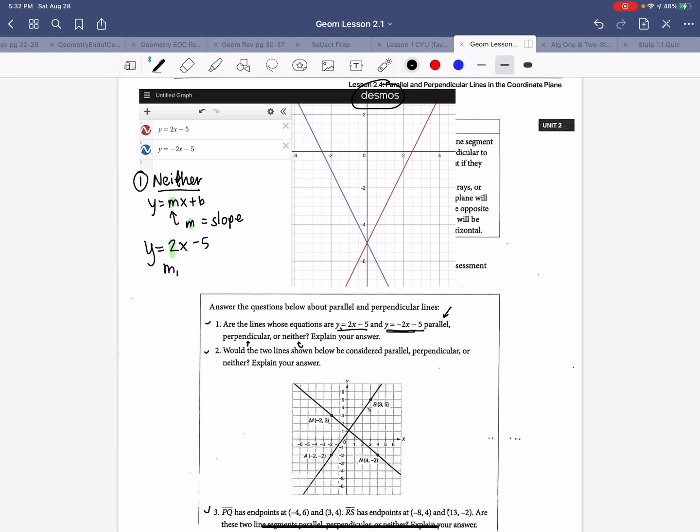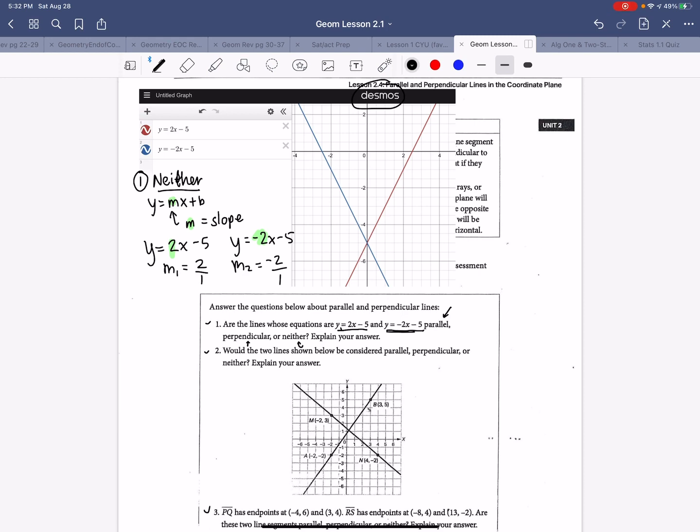So I'm just going to put a 1 there. The slope of our first line is 2, or we could think of it as 2 over 1. Now our second line, negative 2x minus 5, has a slope of negative 2. So the slope of our second line is negative 2, or negative 2 over 1.